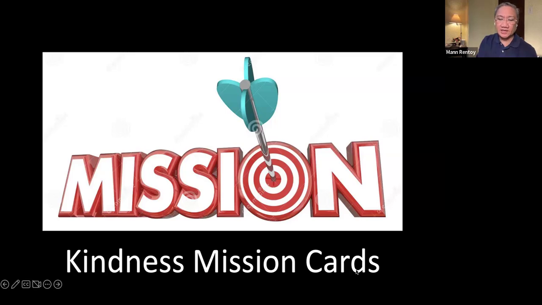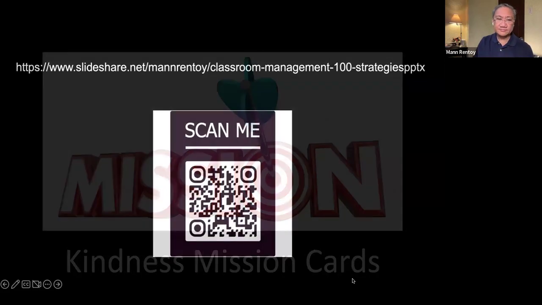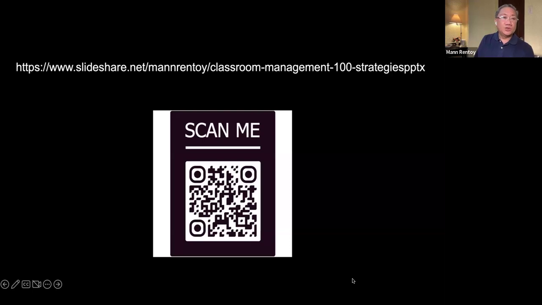It's 4:20 and I still have so many strategies I've not been able to share with you. And so here's something I want to share with you. The 290 slides.